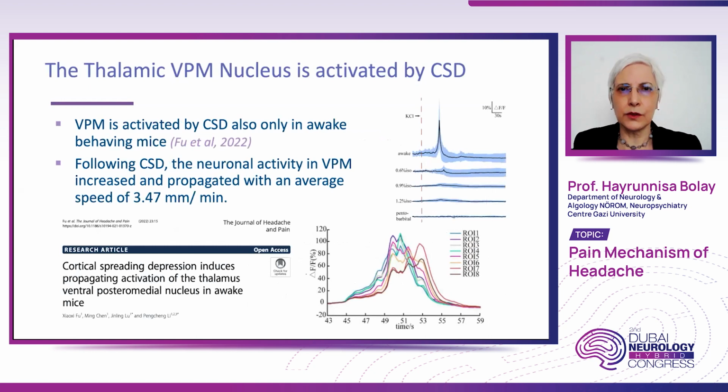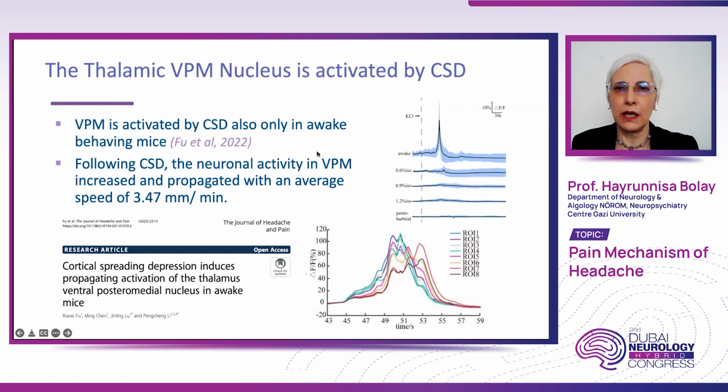A recent study also showed that in addition to the thalamic reticular nuclei, the ventroposterior medial nucleus, which is the third order relay nucleus of trigeminal pain, is also activated by cortical spreading depression. That is also very susceptible to the anesthetics, and during anesthesia, that did not occur.